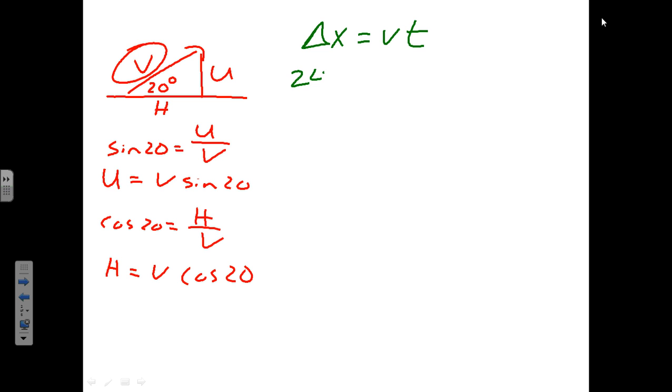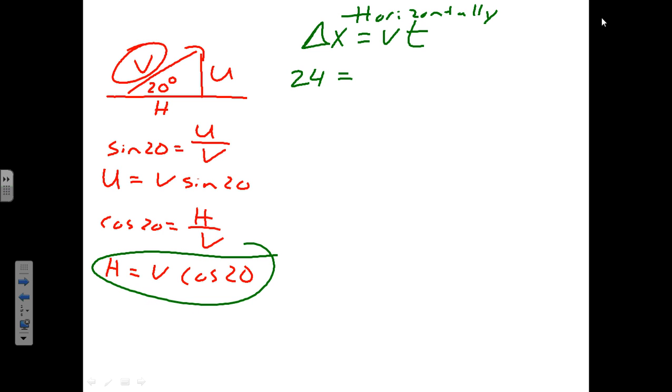So I'm going to plug that in. 24 equals the velocity that we need to work with, because remember, we're working horizontally right now. The velocity that we need to use is this one right here, the horizontal component of the initial velocity. So I'm going to say V cosine 20 times T. That's about as far as we can go horizontally right now.